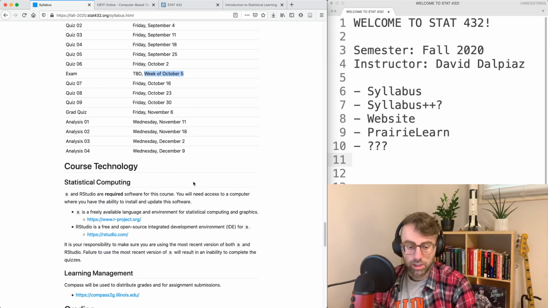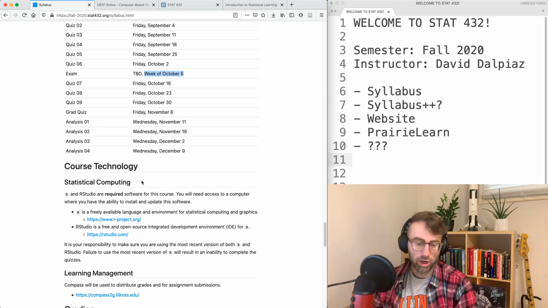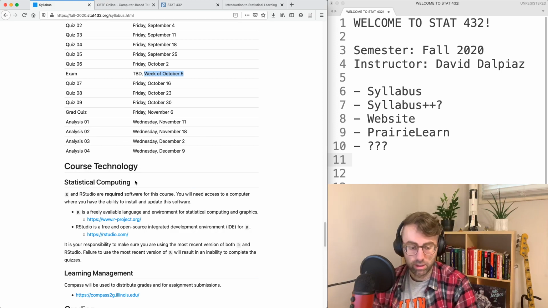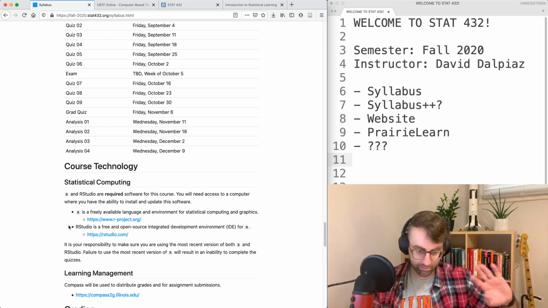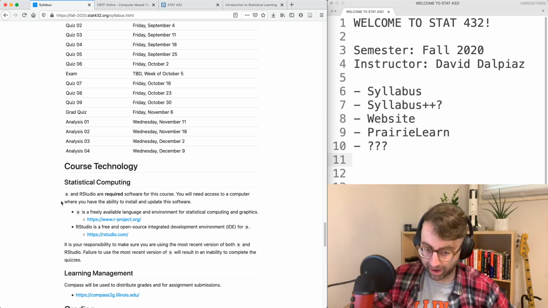All right, course technology. We're going to use R. And if you're using R in 2020 and not using R Studio, I question how effectively you're using R, unless you're some sort of Emacs person, but then you don't even need to be talking to me about how to program.